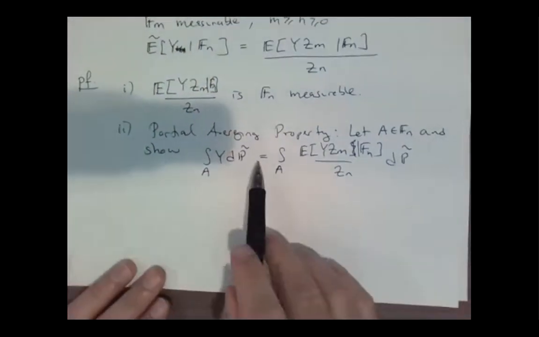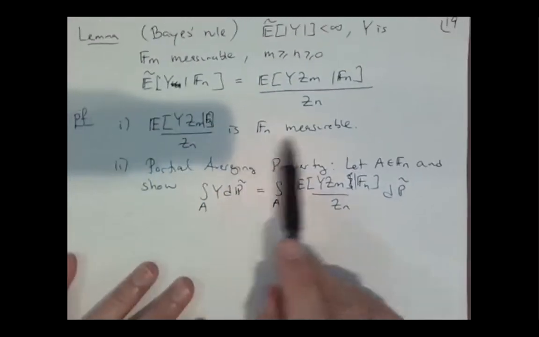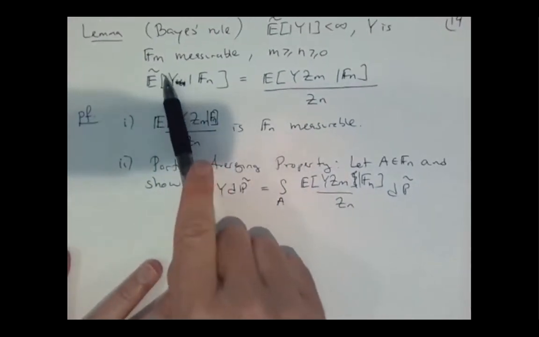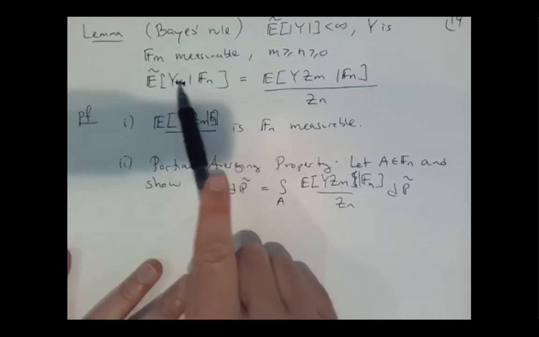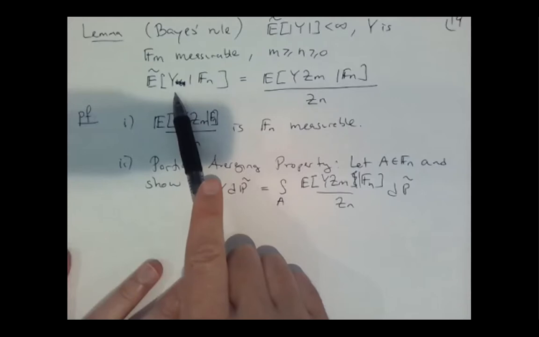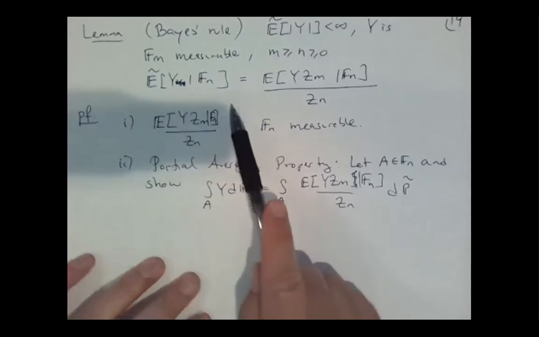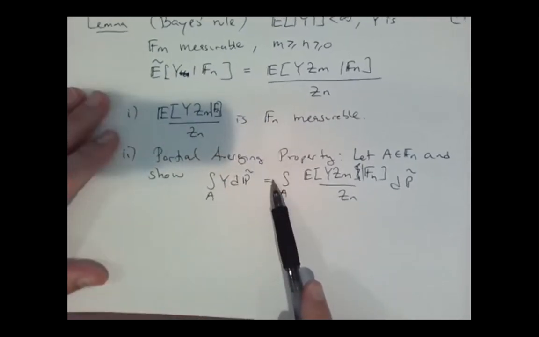We have to show that this is true. The second property that conditional expectations satisfy is that I take a set in Fn, the thing I condition on, and I integrate the conditional expectation or I integrate the random variable Y. Regardless of what I do, I'll get the same thing.